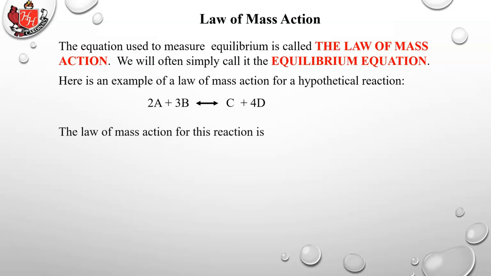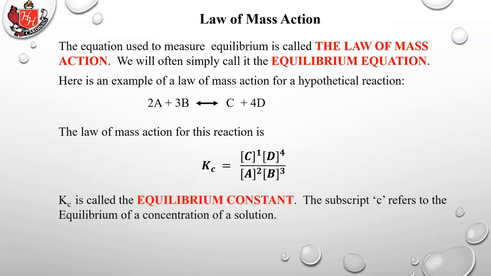The law of mass action for this reaction is Kc, the equilibrium constant, equals C to the first power, D to the fourth power, over A squared, B to the third power. Kc is called the equilibrium constant. The subscript c refers to the equilibrium of a concentration of a solution.